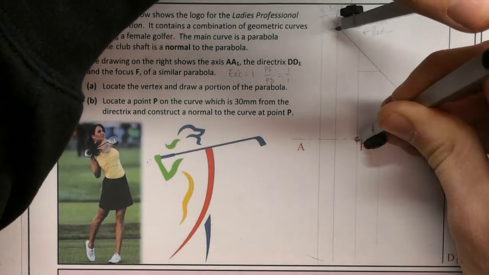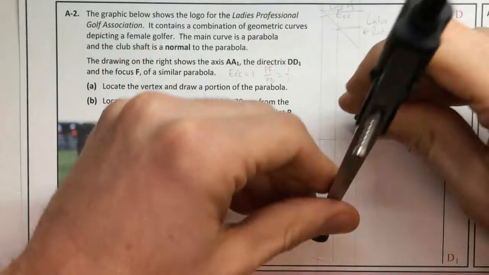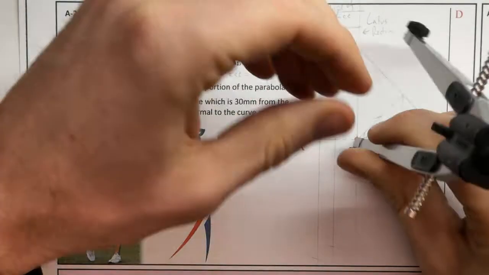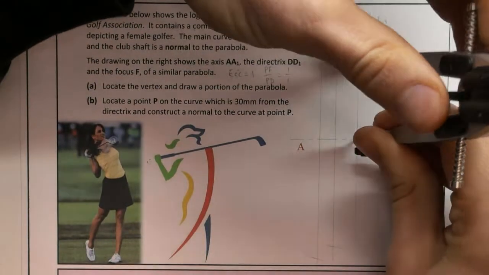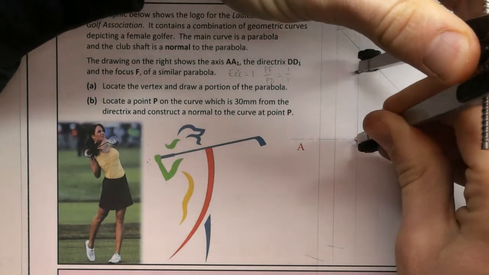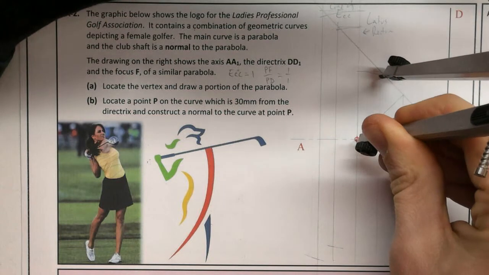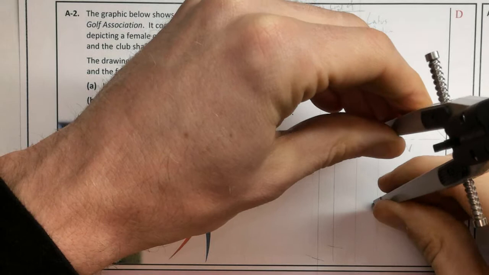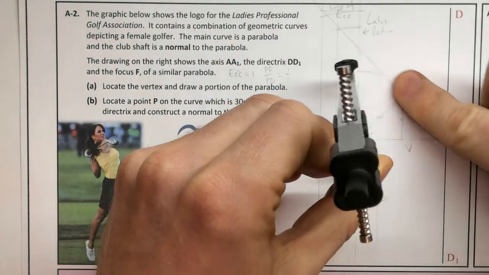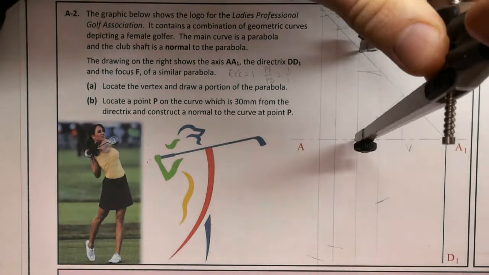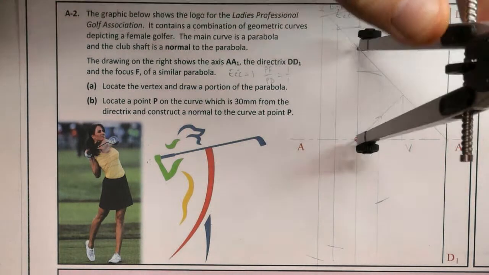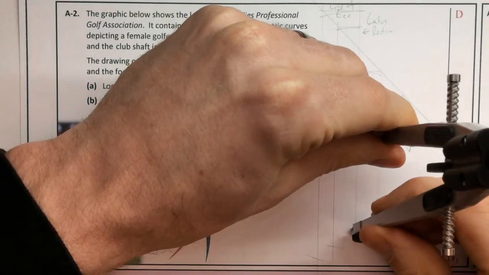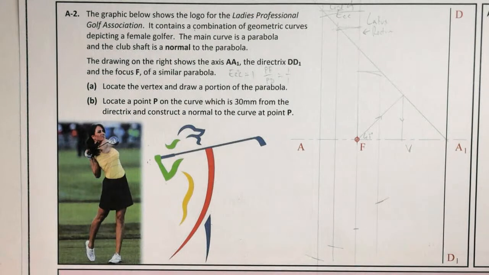There we have it. Then for this inside point between my vertex and my focus, find that down there. And finally, where my latus rectum hits my line of eccentricity, that is also going to be a point on my curve, so I'll locate that down here as well.